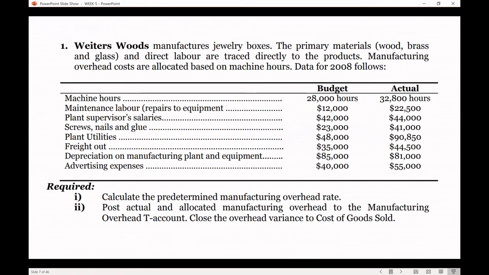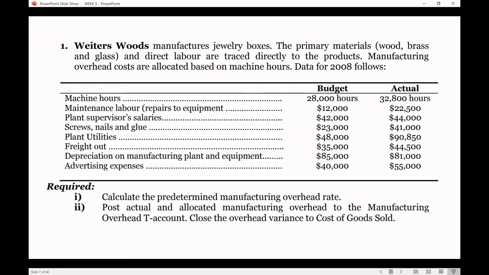So let's find our estimated overheads. Remember, overhead costs are our indirect costs, right? So estimated, we have two columns, budgeted and actual. So we're saying estimated is the same as budgeted. So the figures that we'll be taking up are coming from the budgeted column.